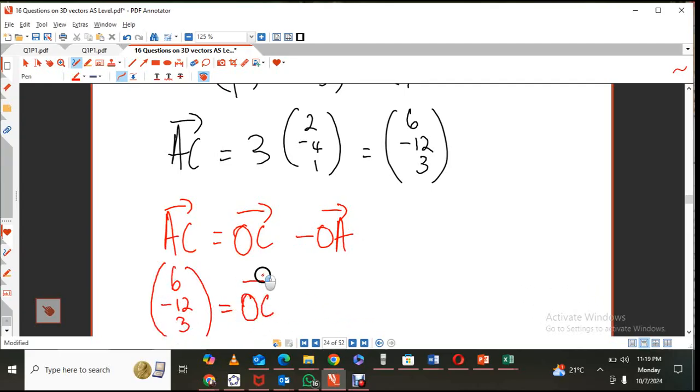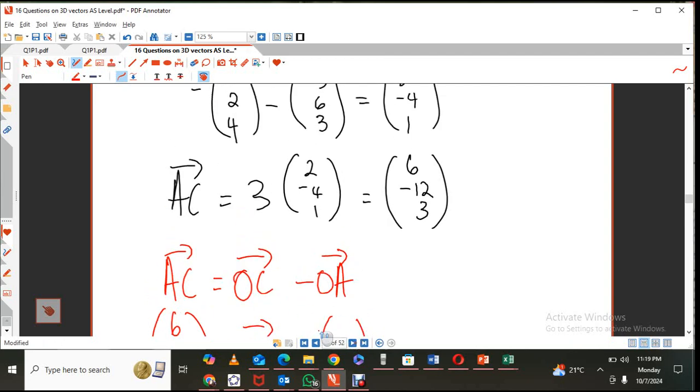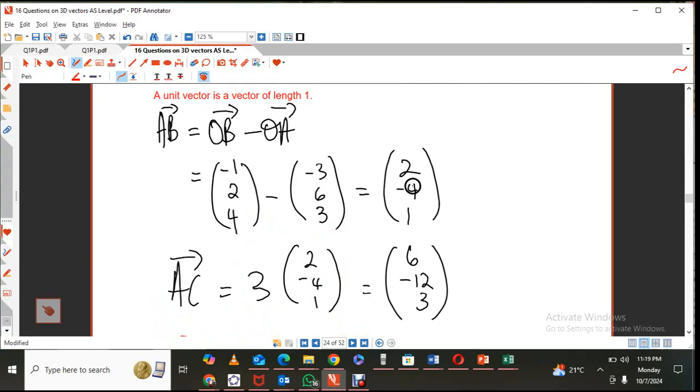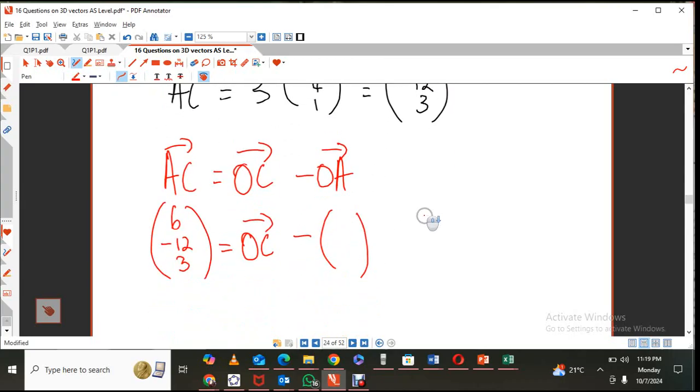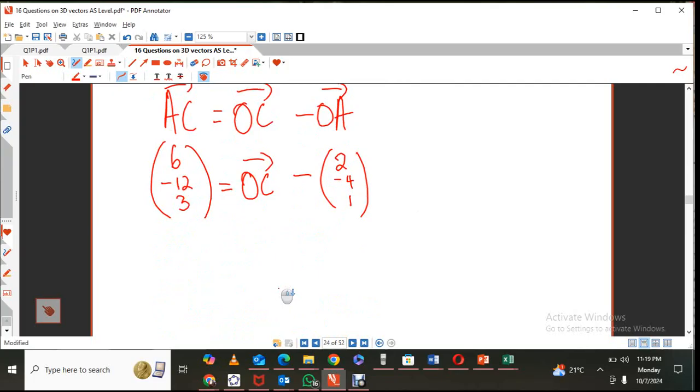Vector OC is what we're looking for. Vector OA we know, vector OA is 2, negative 4, 1. So just go ahead and write it in there. In order for us to find vector OC, this whole thing should add with that one.